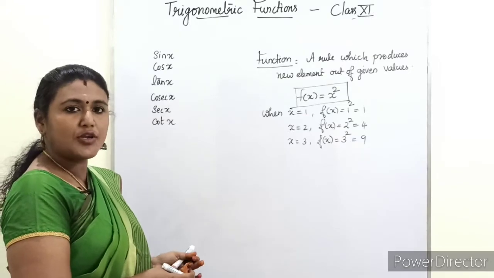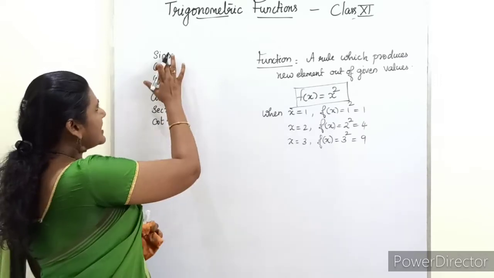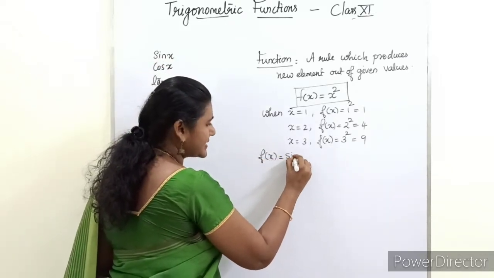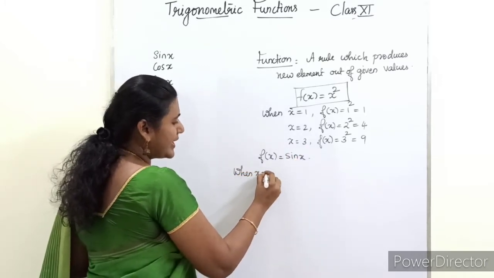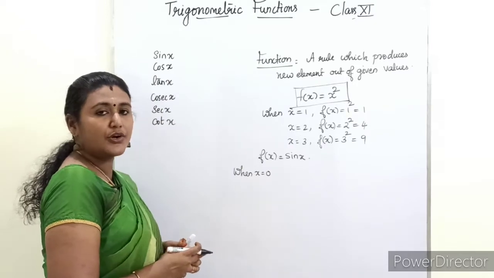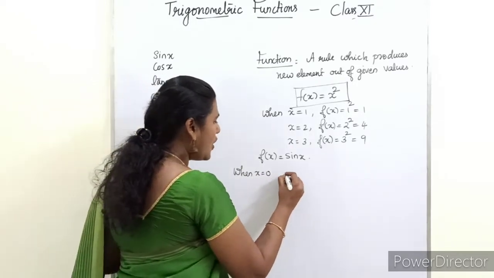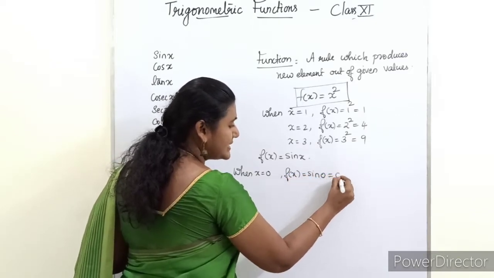The same argument we will use here for sin x and cos x. First we will consider the ratio sin x. So f of x is equal to sin x. In class 10 you studied the trigonometric ratios of specific angles. When x is equal to 0, f of x is sin 0, which is 0.